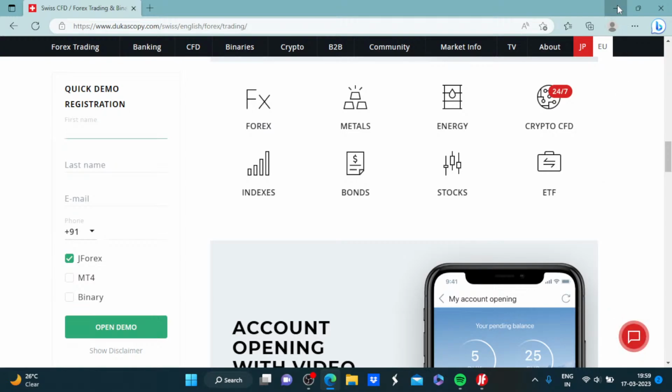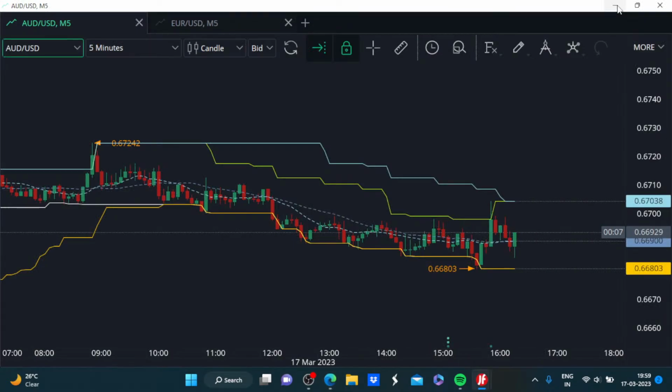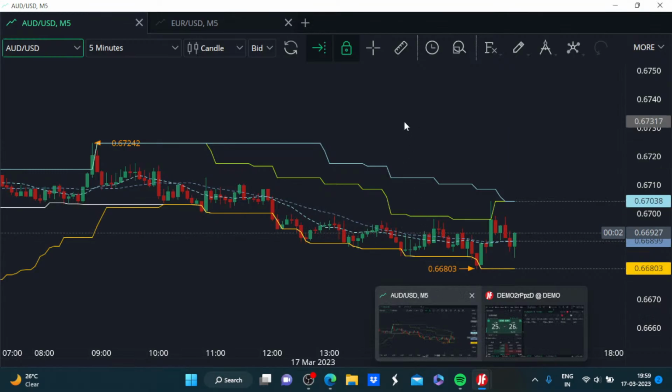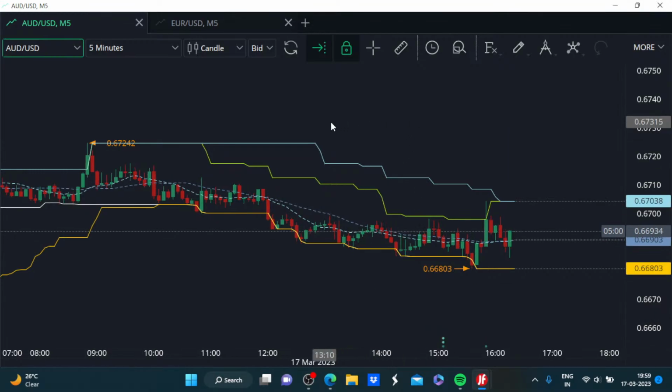So let us now head to JForex 4, the newly released trading platform from Dukascopy Bank SA. This is the AUD USD chart with each candle period defined at 5 minutes.